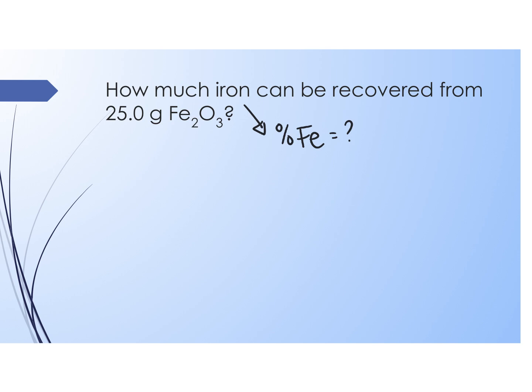Okay. So then in order to figure out the percent composition of iron, what do we have to do with Fe2O3? What do you have to figure out? The total mass. Good. Okay, so use your periodic table to figure out the molar mass of Fe2O3.